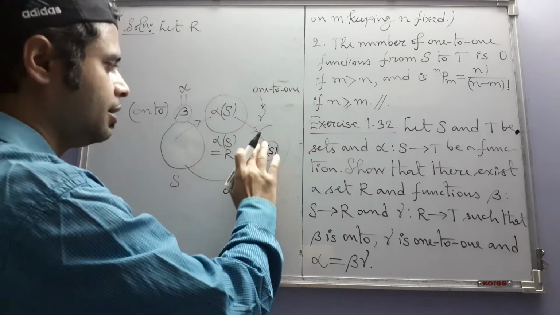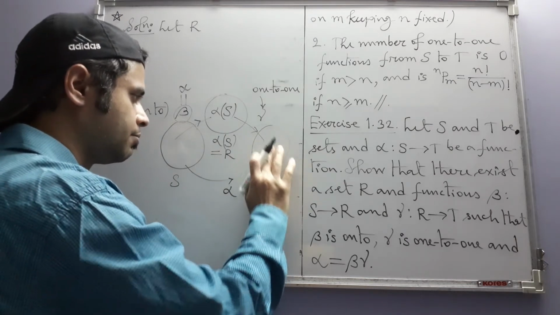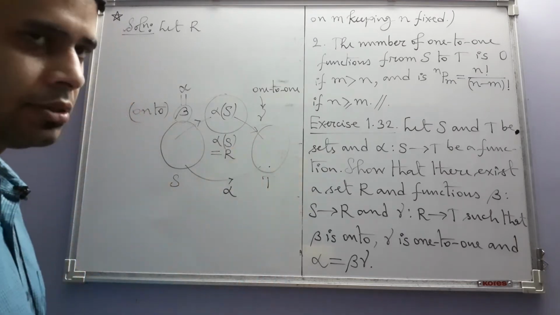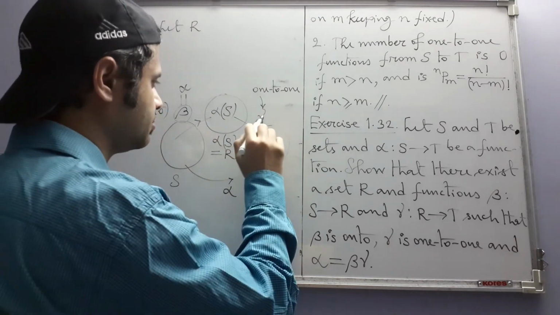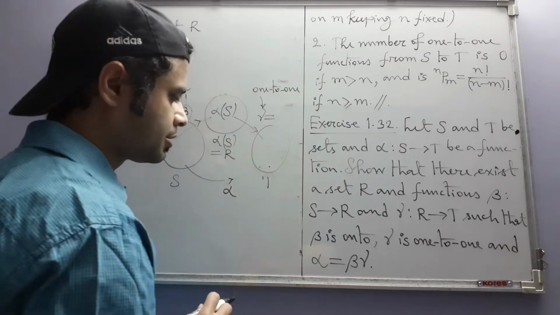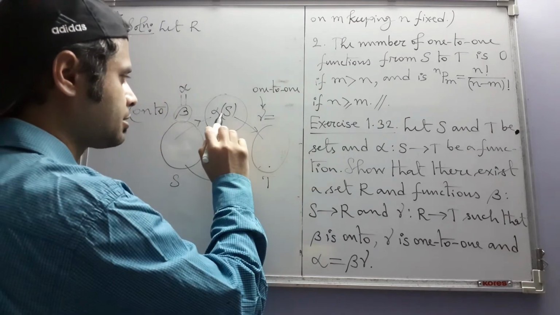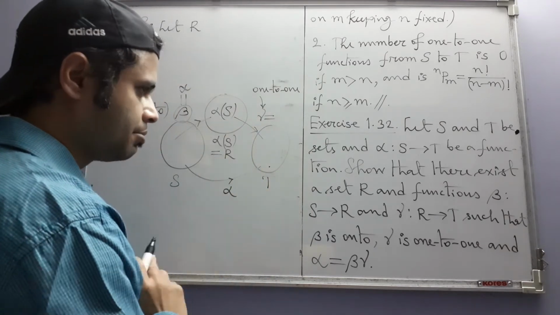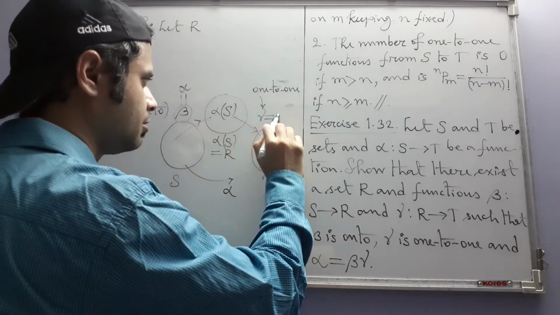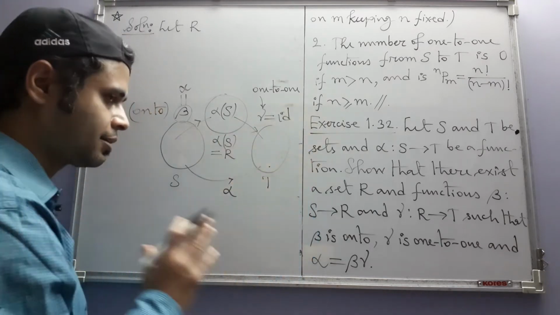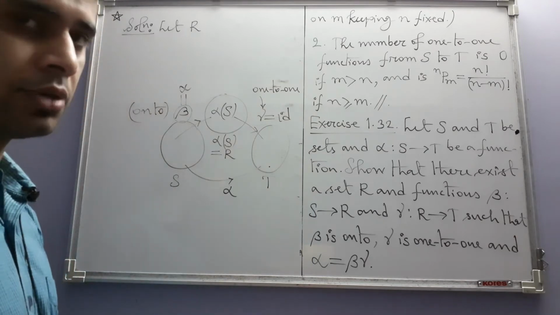But then we need a function gamma. For that, we just take the identity function. I should not say identity function, because alpha of S and T may not be equal. Alpha of S may be a proper subset of T. This function actually is called the inclusion function.